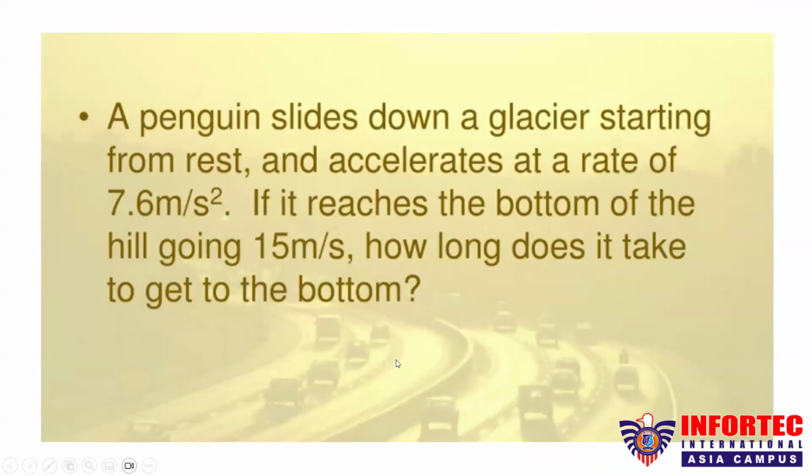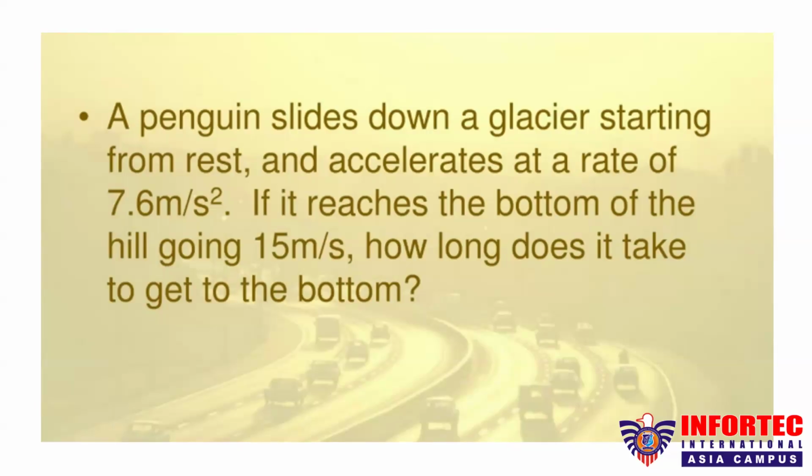You can see one question. Draw the diagram, draw the sketch, write down the things, and find the appropriate equation we can use. Go quickly. A penguin slides down a glacier starting from rest.